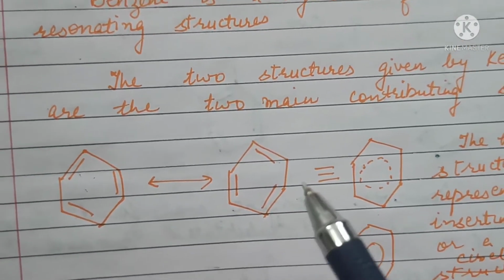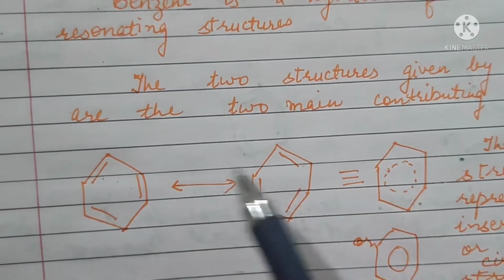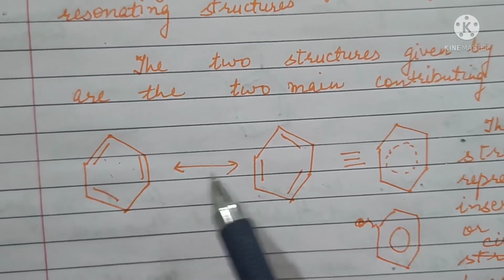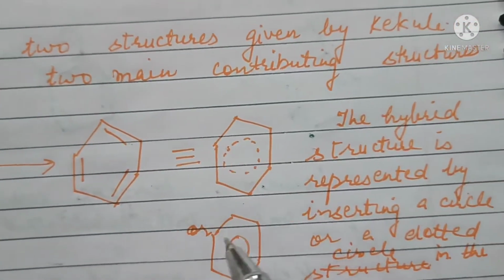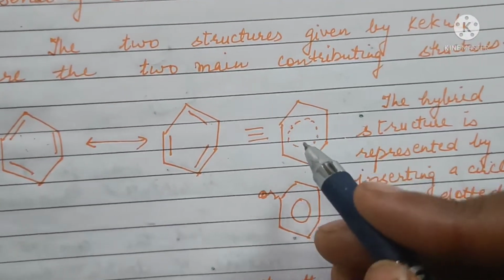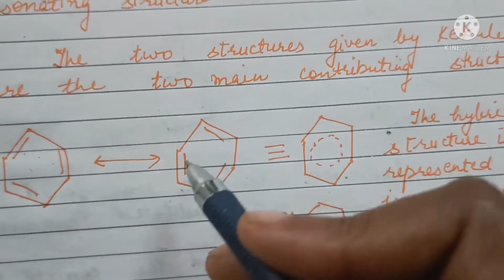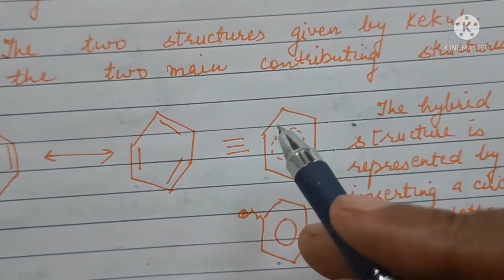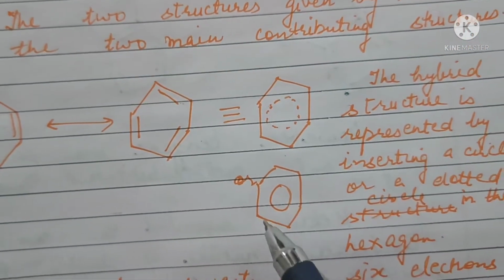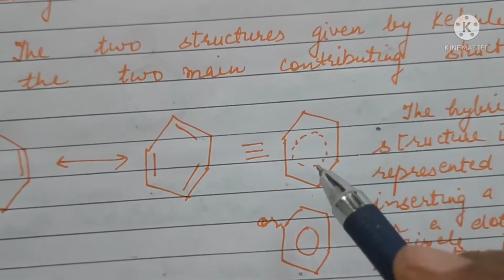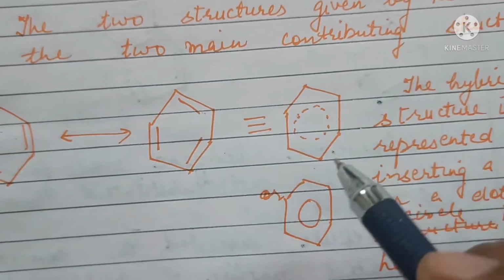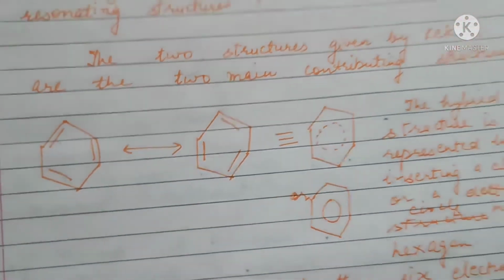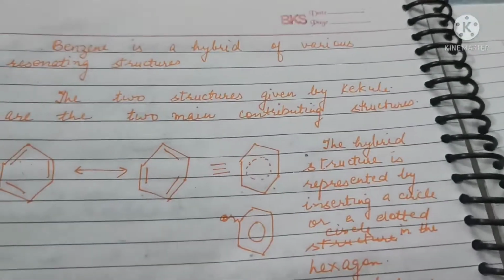And the actual structure is a hybrid, an average of the 2 resonating structures, which is known as the resonance hybrid, where we show the pi electrons of the 3 double bonds in the form of a dotted circle or a complete circle, suggesting that the electrons are migrating all over the 6 carbon atoms of the benzene structure.